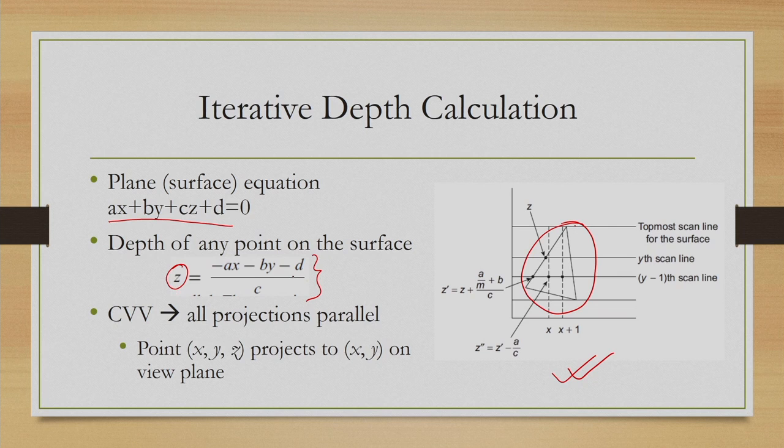So, this is the depth of any point on the surface. Now, we are assuming canonical view volume, that means all projections are parallel projections. So, the projection is a simple one. If a point is x y z, then after projection it becomes x y, we drop the z component. So, that is our assumption.